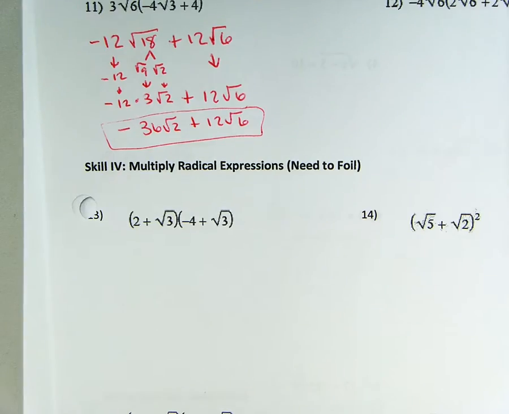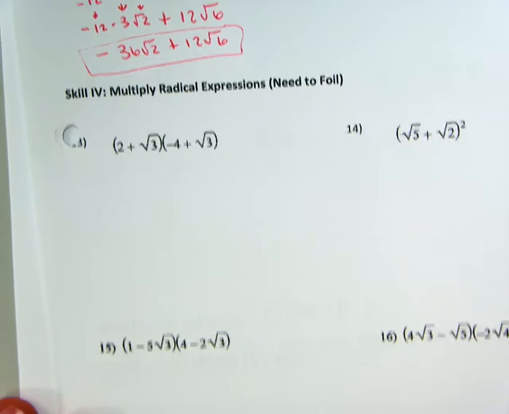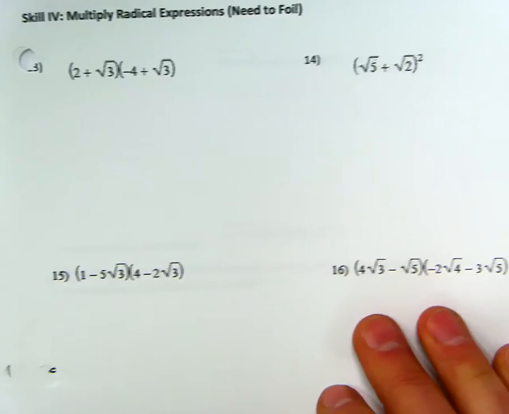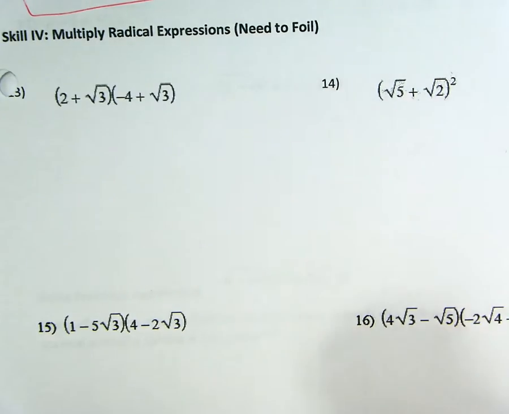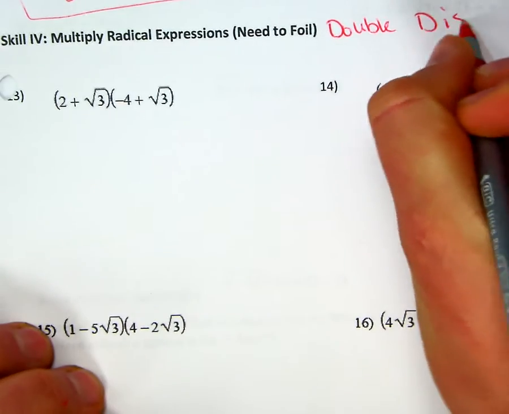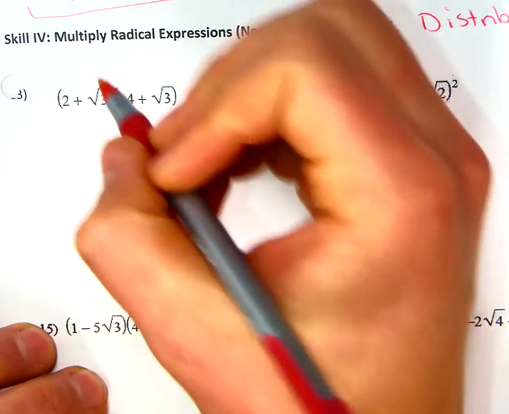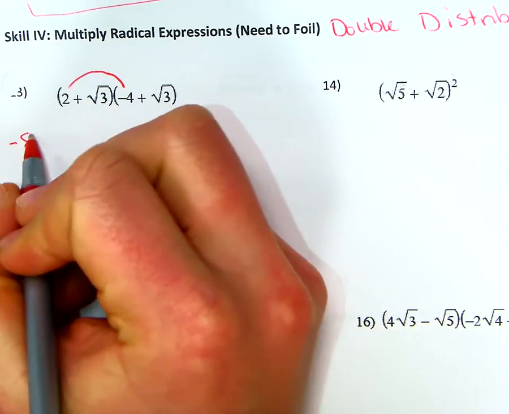Last part then, we have multiply radical expressions, need to FOIL. Alright. So here's our 13, 14. Now either call it FOIL or double distribute. All right, so the first thing, we do 2 times -4, which is -8.